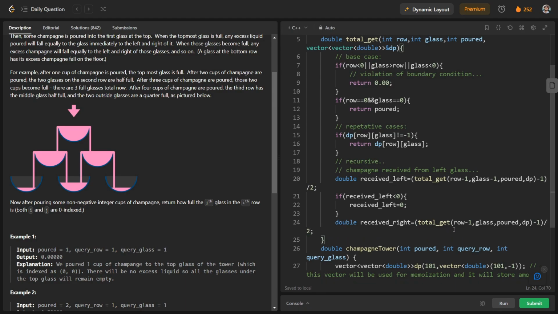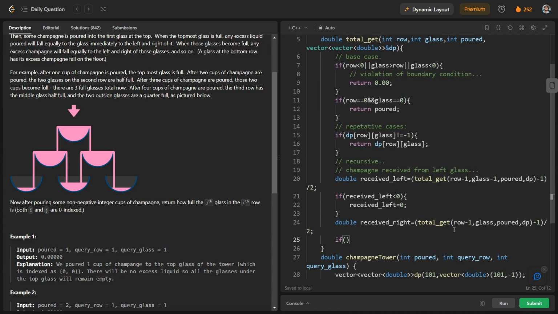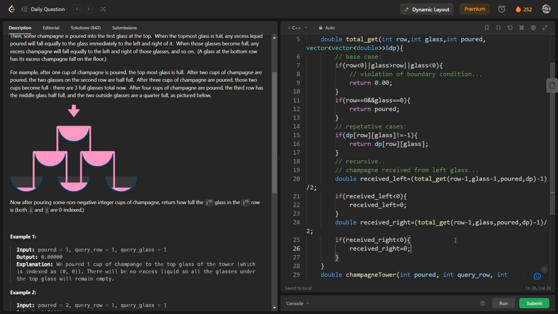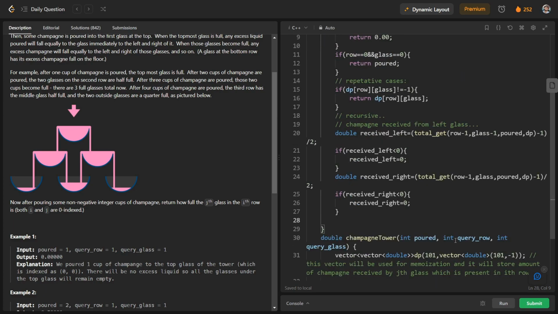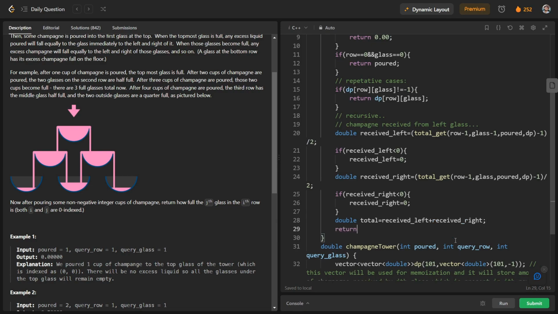That's what we have to do here. And if this received right is less than 0, we will set it equal to 0. Finally, what will be our total? Total will be received left plus received right. And we will just return dp of row and glass as total.